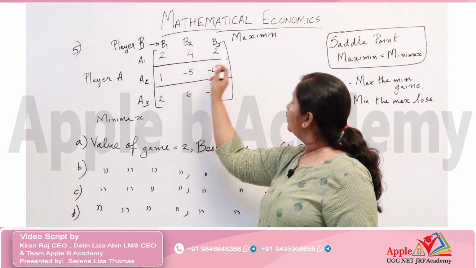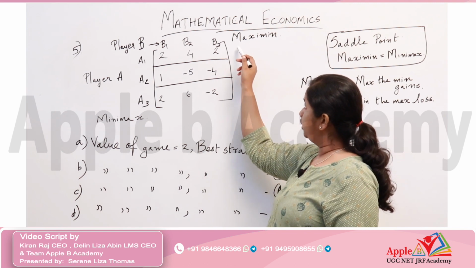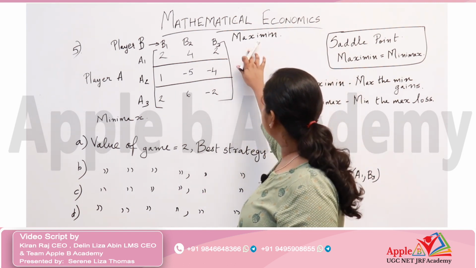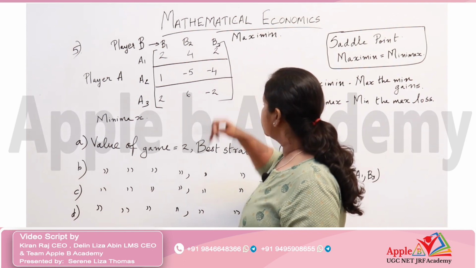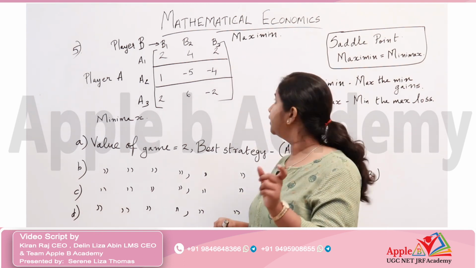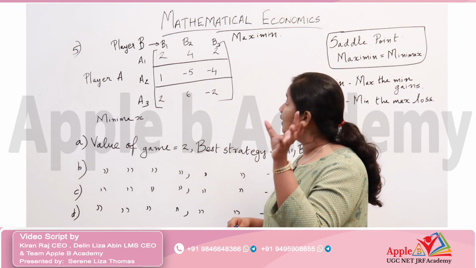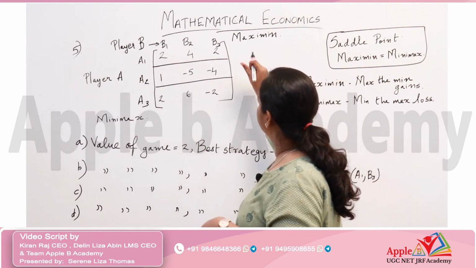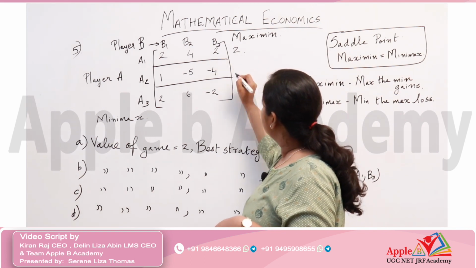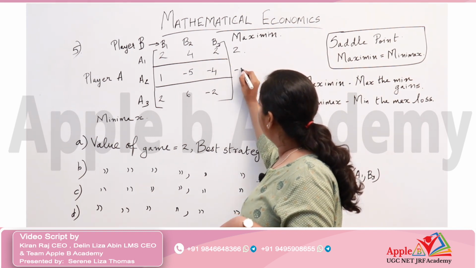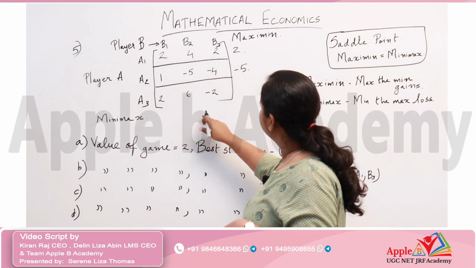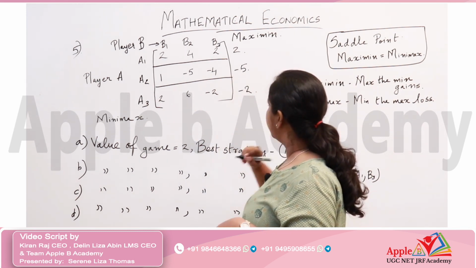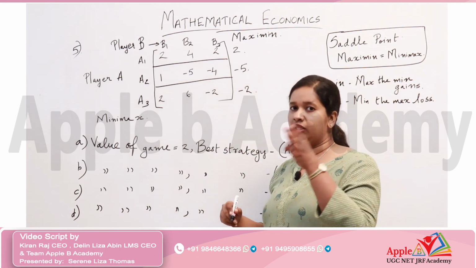Now we need to find the value of each row, that is, write the minimum value of each row. So, here we have 2, here we have -5, and here we have -2. Maximizing the minimum values.